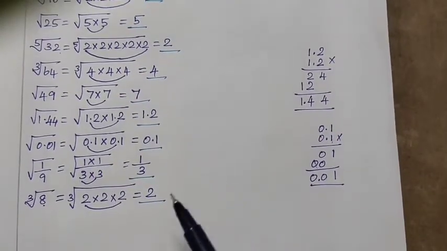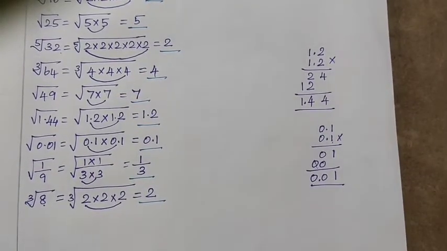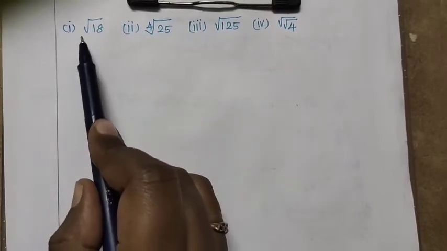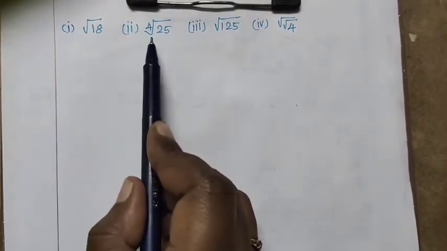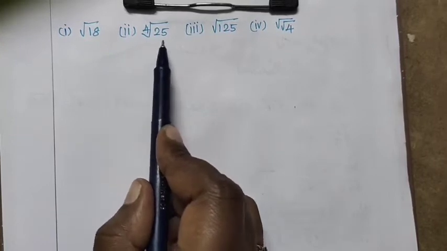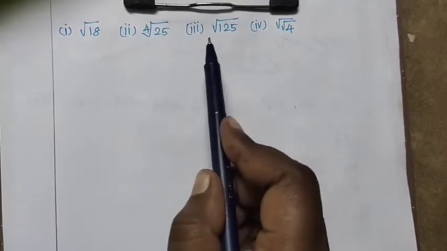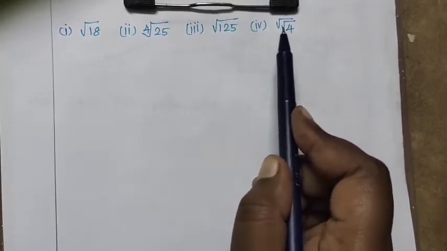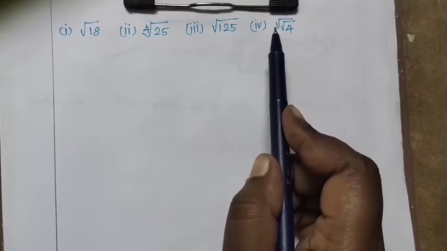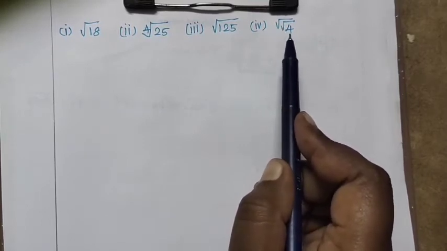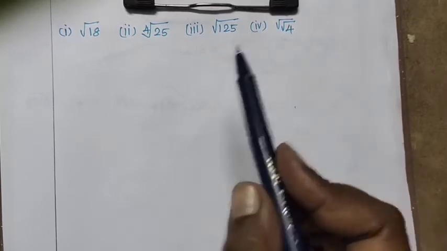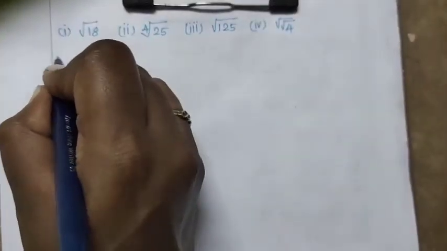No. For example, square root of 18, fourth root of 25, square root of 125 and square root of 4. See the answers.